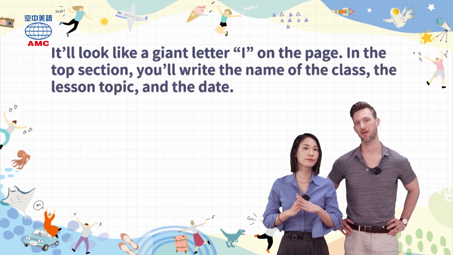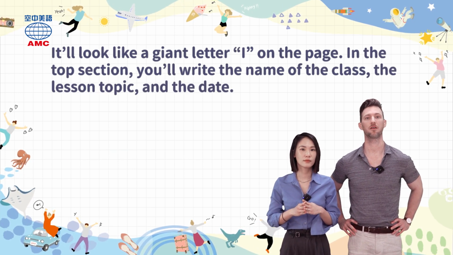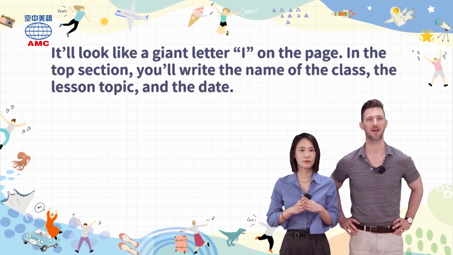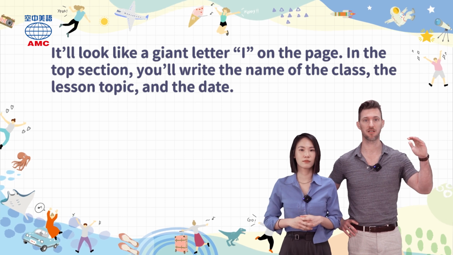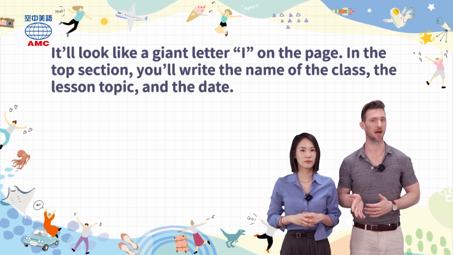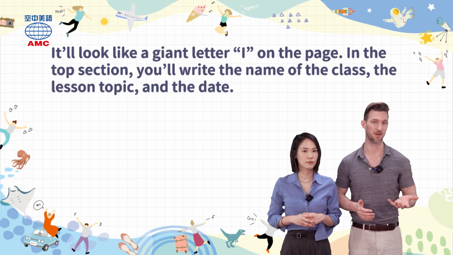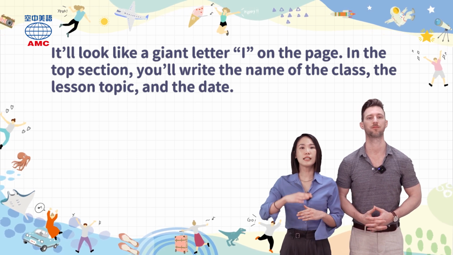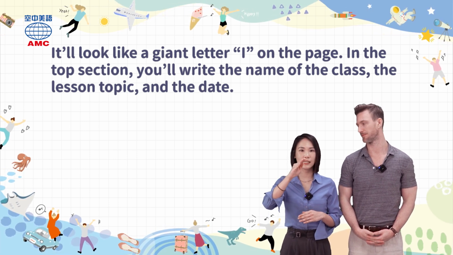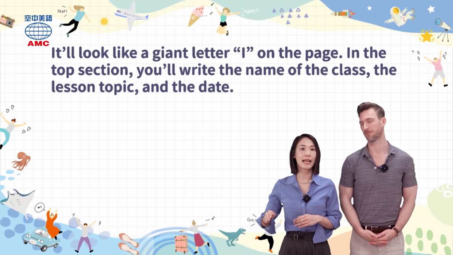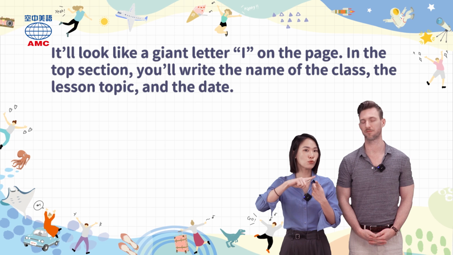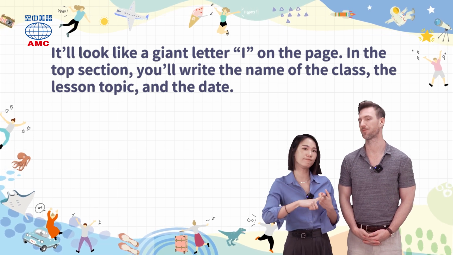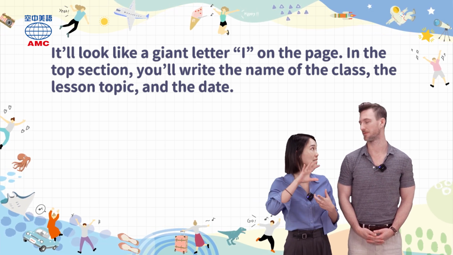Yes, and then the article says it'll look like a giant letter I on the page. In the top section, you'll write the name of the class, the lesson topic, and the date. Right, like a title.